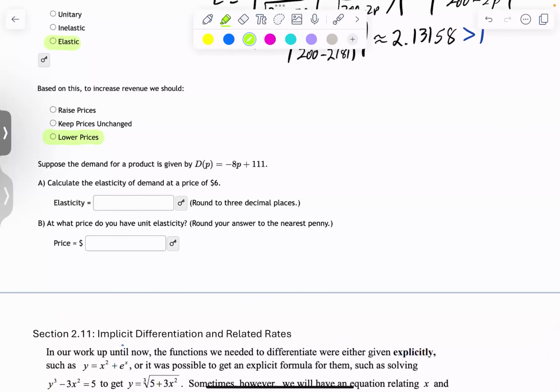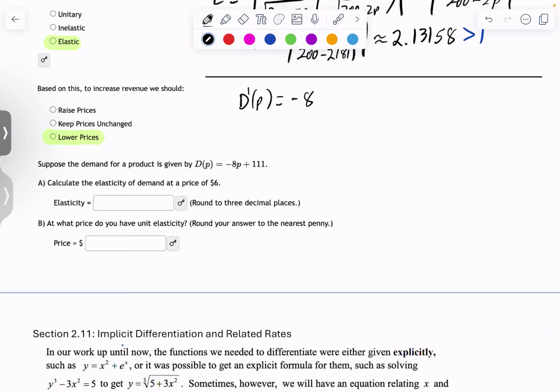So we have a new demand function. So I'm going to utilize this room up here. So this is for our new function D of p. D prime of p for this function is just -8. That's no problem. So we're going to find our elasticity.